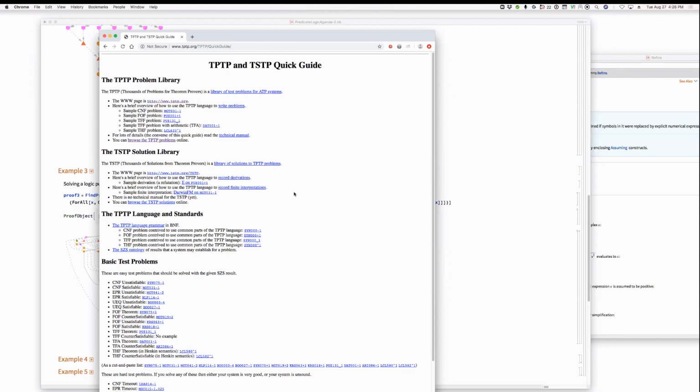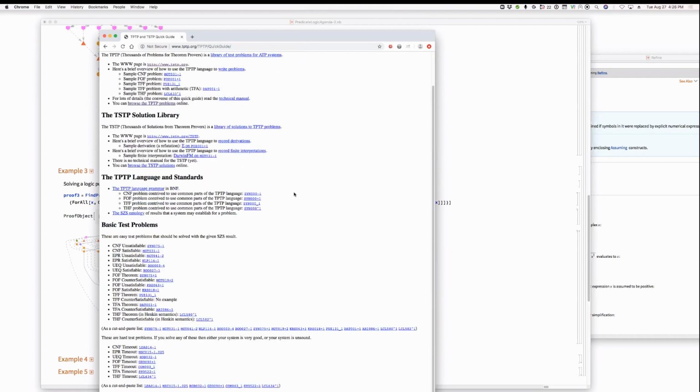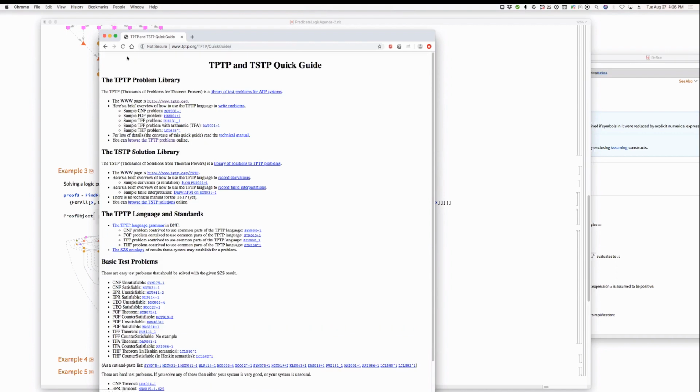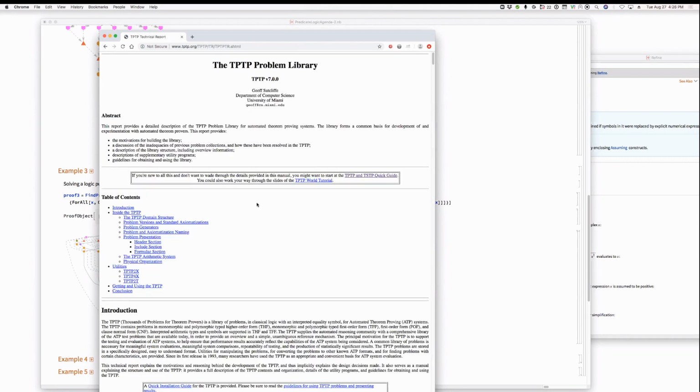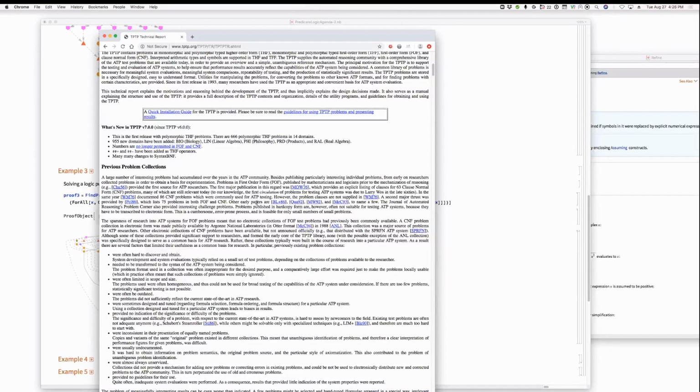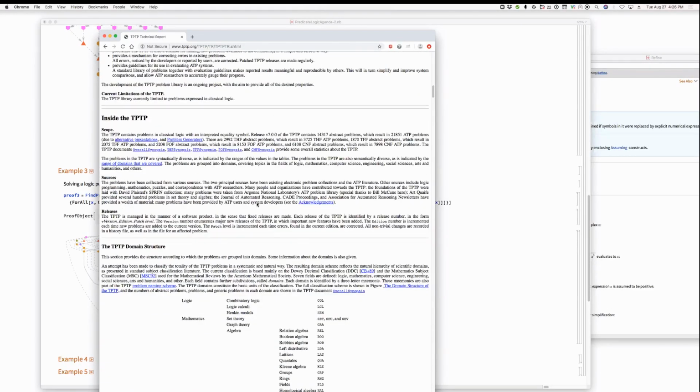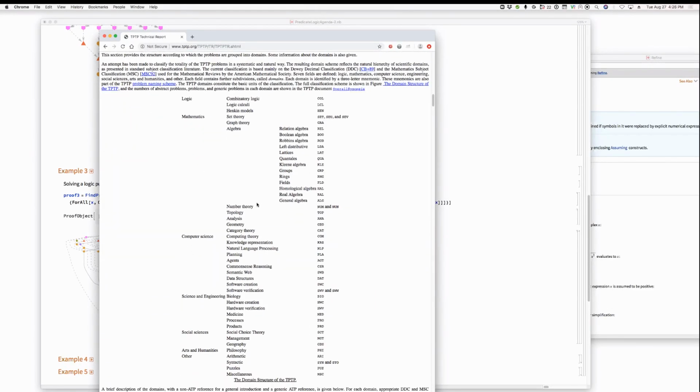I mean, each one is a domain of math. LCL is logic calculi. There are Henkin models, set theory, graph theory, algebra. This is really cool. I agree. So anyway, examples 3, 4, and 5 are all ones that I took from TPTP. Oh, domain structure. Okay. It's really cool.